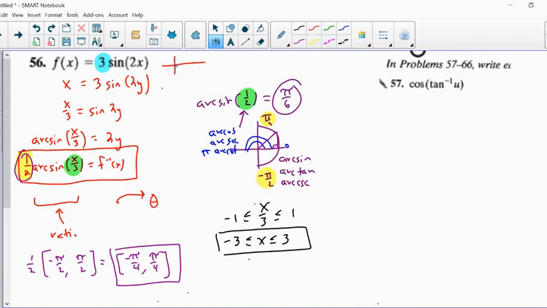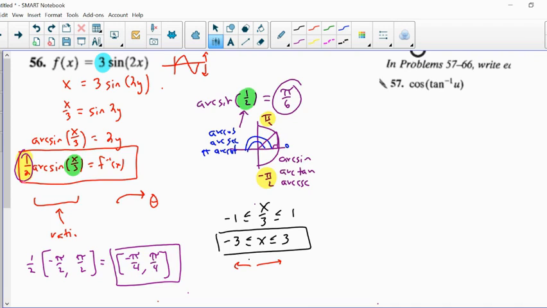So the original function going up to 3, down to -3, because that was our original range of values, look how that now became the domain of our inverse. So there's some good sense of checking that, to make sure. Sines and cosines for that domain are going to follow the exact same way, because again, your ratios for sine and cosine can really only be between -1 and +1.